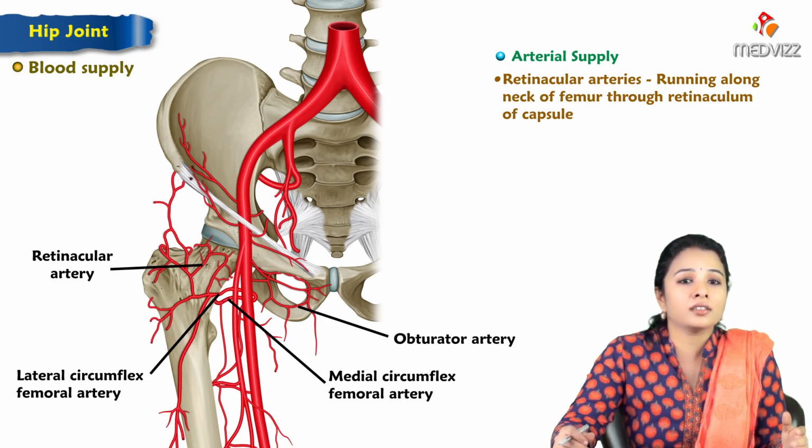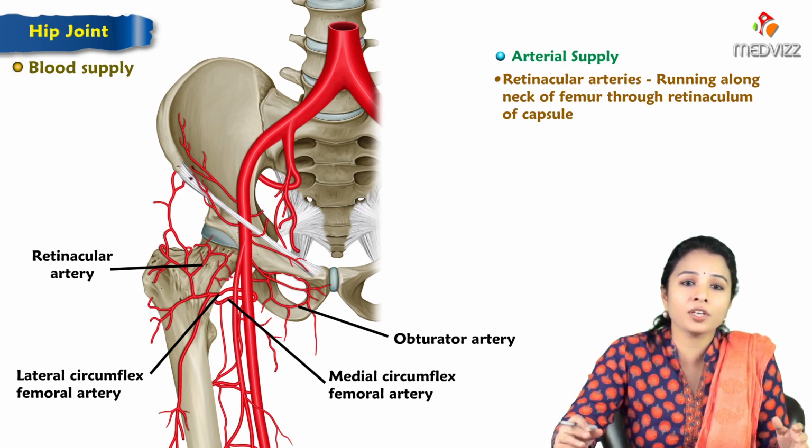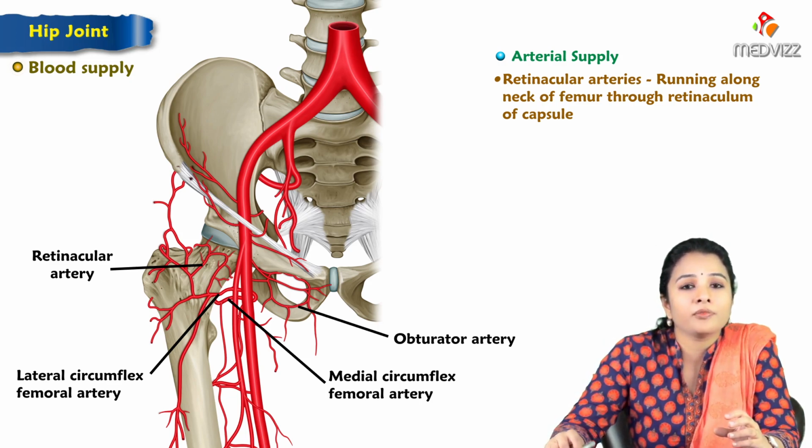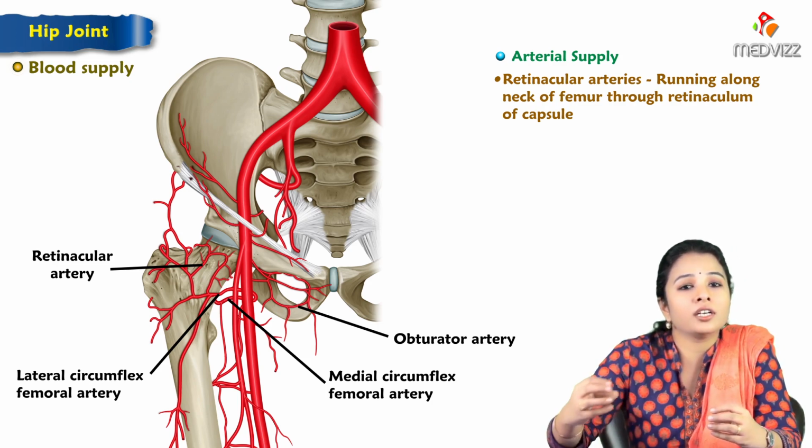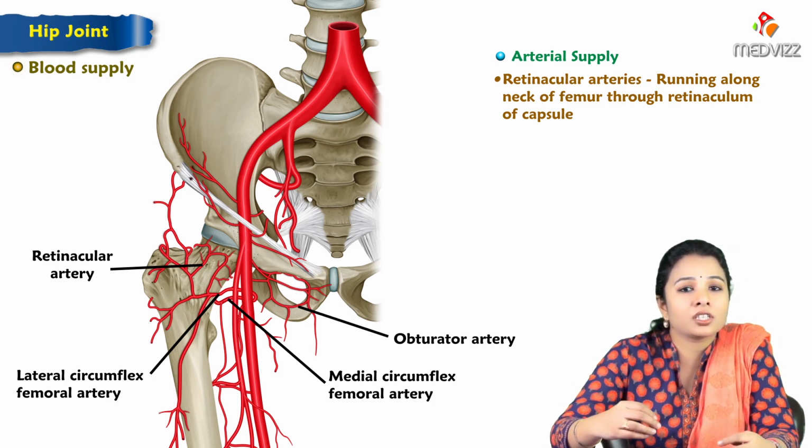These are the retinacular arteries which run along the neck of the femur through the retinaculum of the capsule. So if you see here, we can see the longitudinal retinacular arteries which run along the capsule, the retinaculum, that is the central part of the capsule of the hip joint.